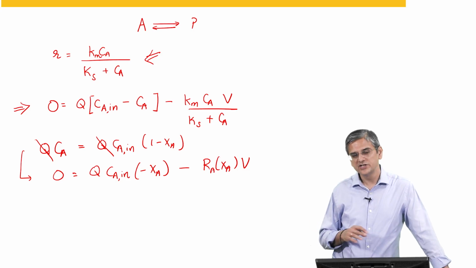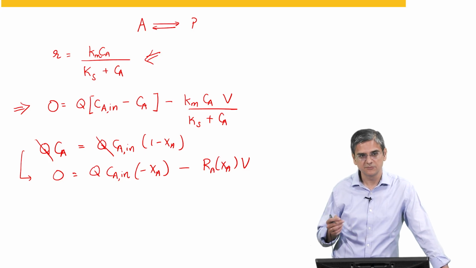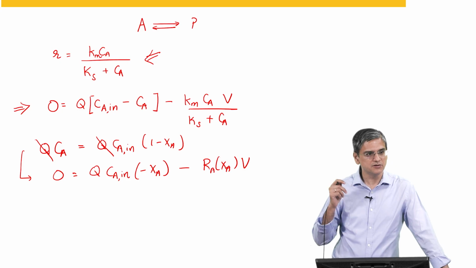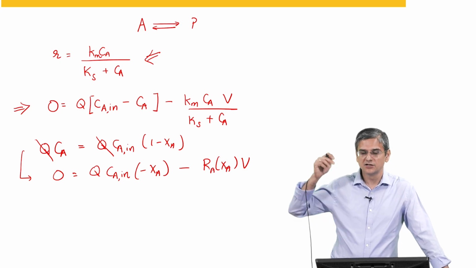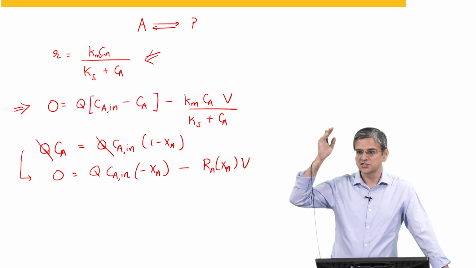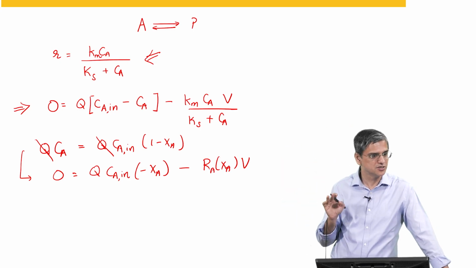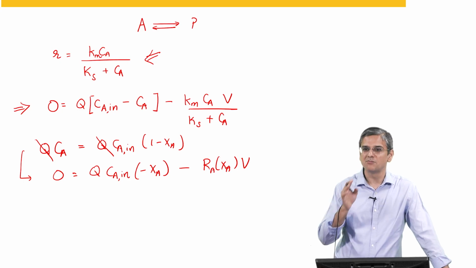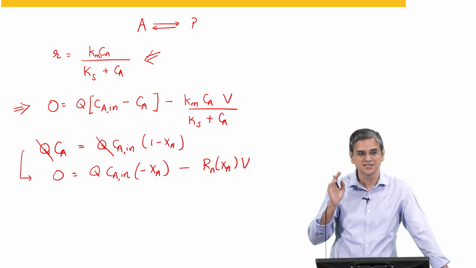One of the nice things about using mass fractions, and you can work it out, is that, if you remember, the first thing that we did in the first week of the class was to show that mole fraction in minus mole fraction out divided by mole fraction in is not equal to conversion, remember? However, mass fraction in minus mass fraction out divided by mass fraction in is equal to conversion.